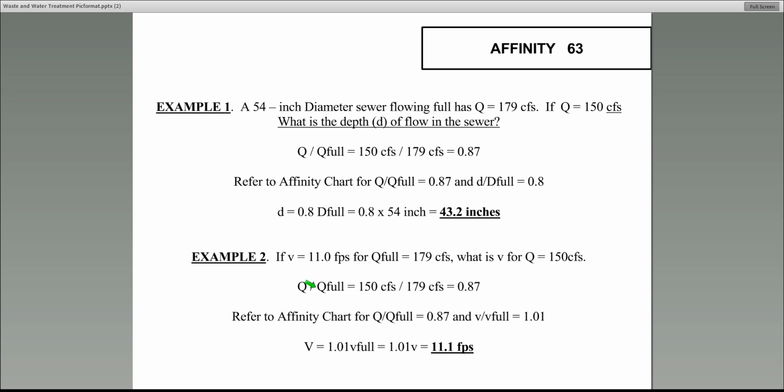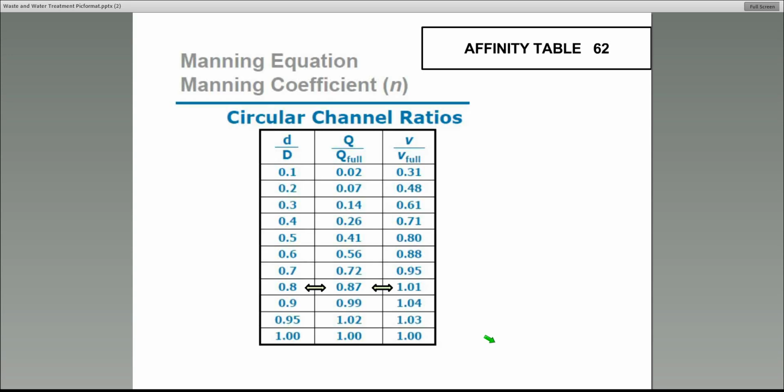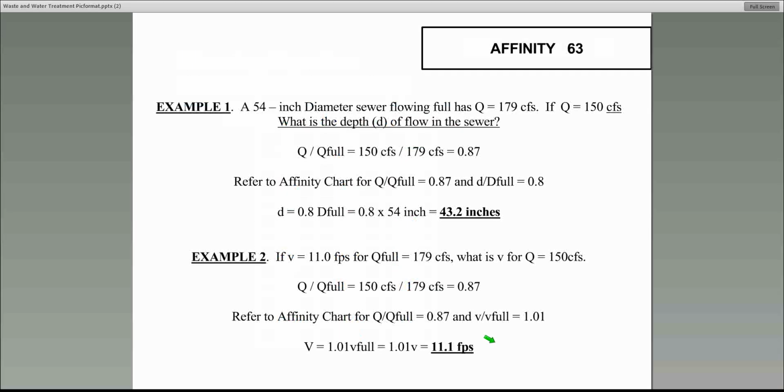We already found from the chart that Q over Q full is the ratio 0.87. And when we go back to the chart for velocity, at 0.87, the multiplier there would be 1.01. So 1.01 times V full would be 11.1.